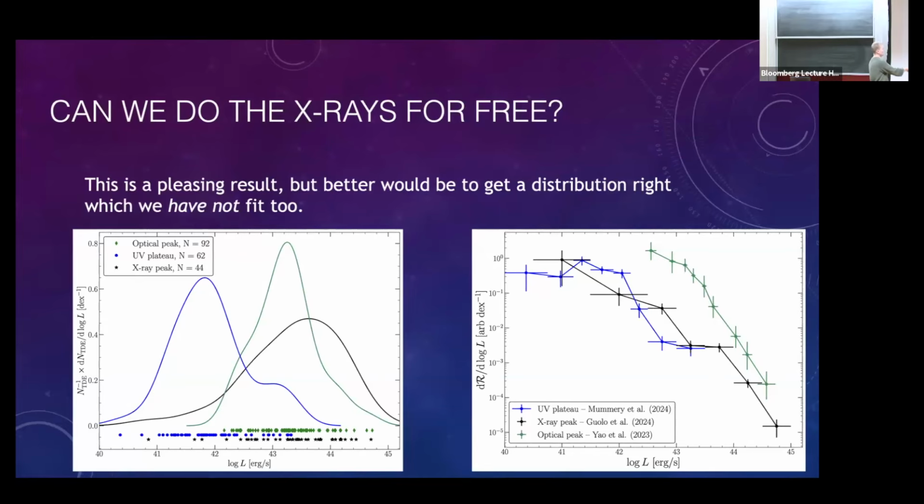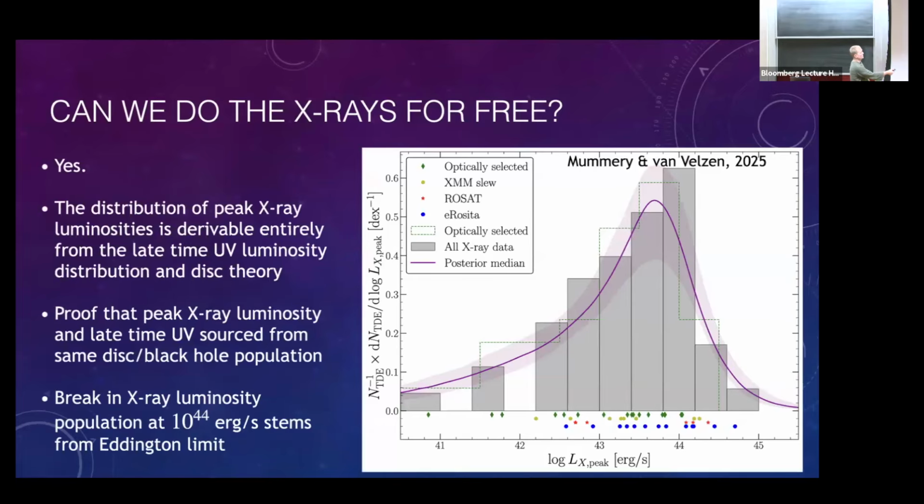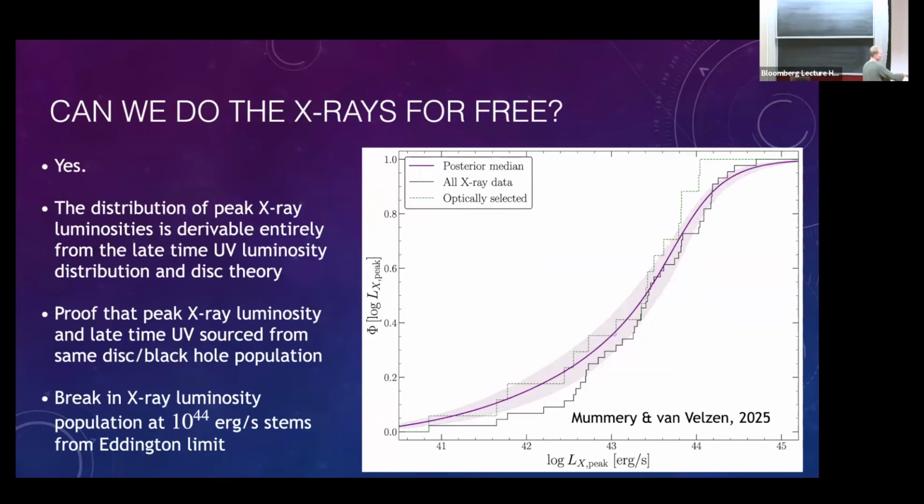So you take your best fit mass function for the UV, you sample 1 million TDEs, and rather than ask what the late time UV was, you just ask what the peak of the X-ray light curve was, and then you get this distribution, and this is the data you get from a whole range of surveys. And if you look at the CDF, they are consistent with being drawn from this model. So this really does seem to be the mass function of TDEs.